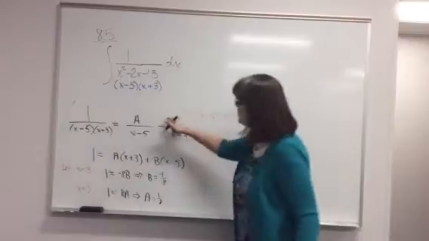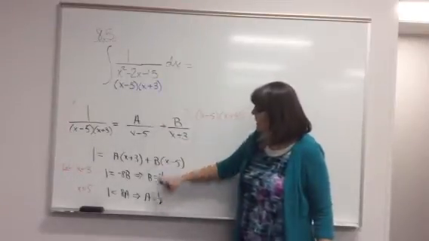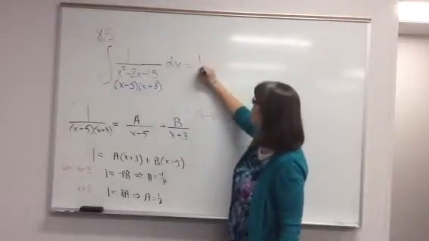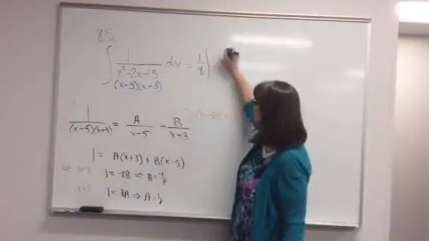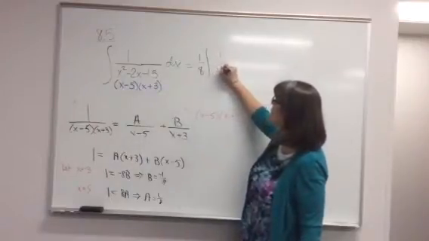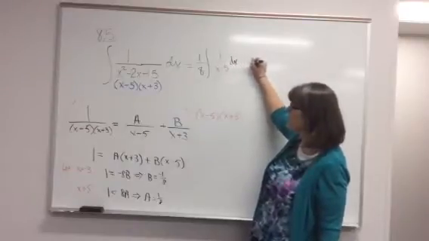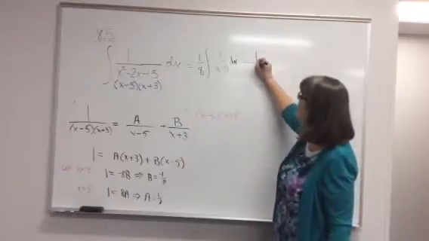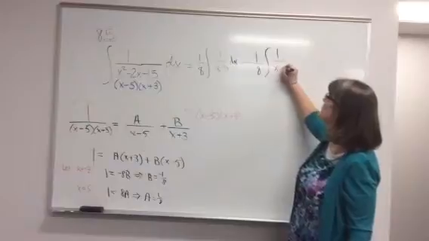Now, I'm going to plug those back in here, but a is 1 over 8. That's a constant, so I'm going to pull that out in front. And I'm going to integrate 1 over x minus 5 minus, or plus, but I'm taking out the b, which is negative, the integral of 1 over x plus 3.